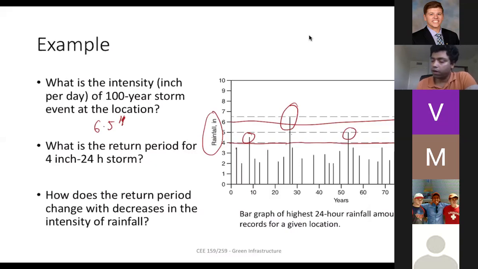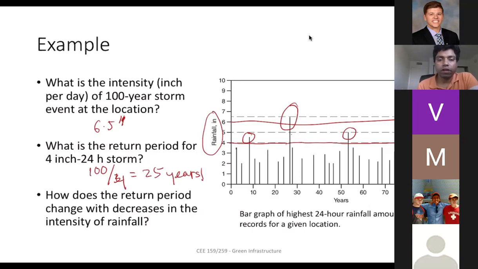Oh no, actually there is another one here, 4. So in 100 years you have 4 occurrences, and the return period will be 100 over 4, which is 25 years. So in 25 years, you have at least one rainfall which will be either 4 inches or larger.